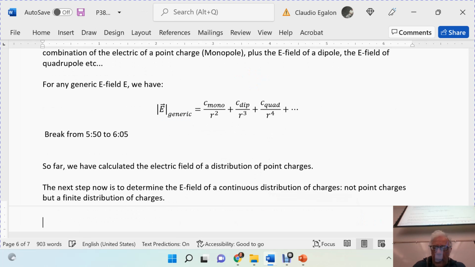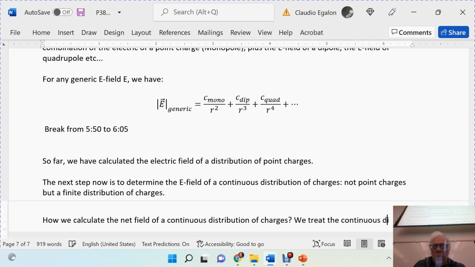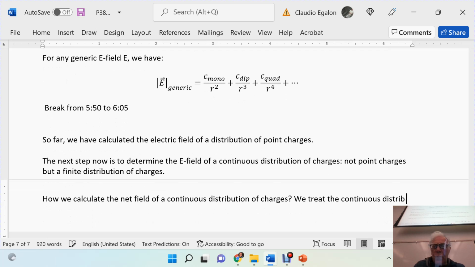So how do we calculate the net field of a continuous distribution of charges? We treat the continuous distribution as made up of several closely spaced infinitesimal charges.